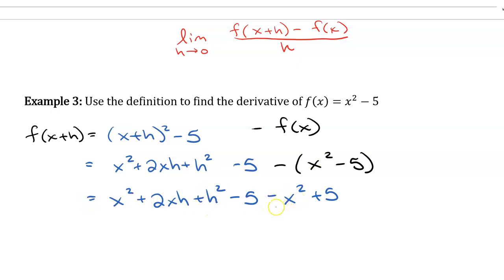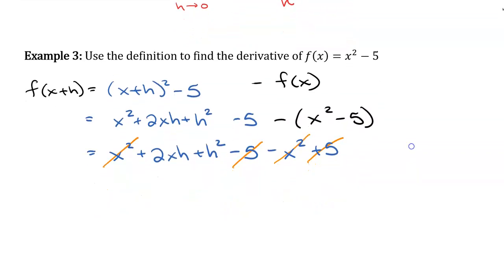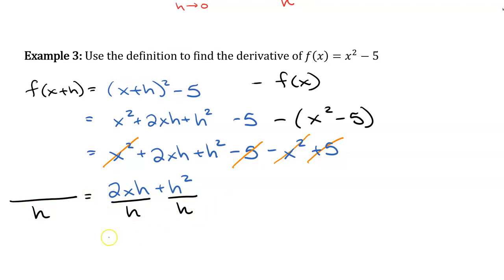So we can cancel out the x squareds and the 5s, which leaves us with 2xh plus h squared. And we can now apply the over h part. Anything over itself is 1, so those h's cancel. And h squared over h, that cancels out one of those, leaving h.